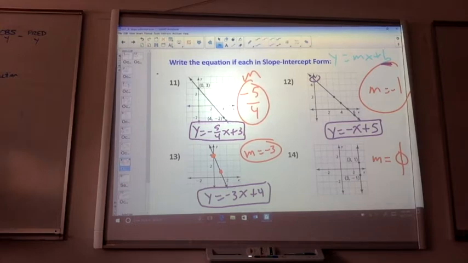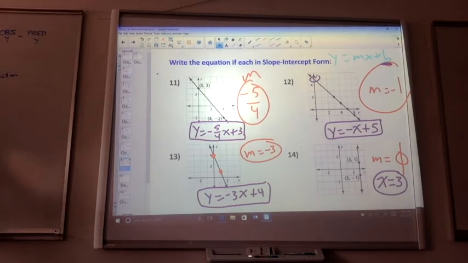Is this horizontal or vertical? Vertical. So this is going to be x equals, and what's the only x value this could be equal to? 3. X equals 3 gives you a vertical line, which gives you an undefined slope. It's not increasing or decreasing. It's undefined. That's it.